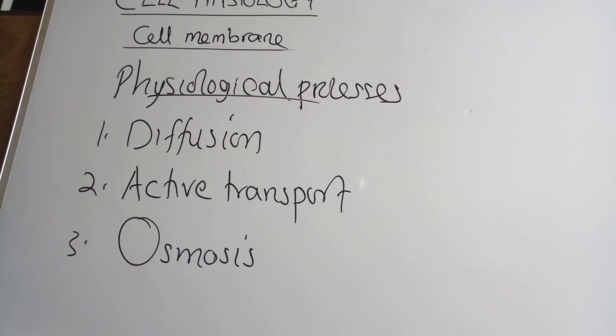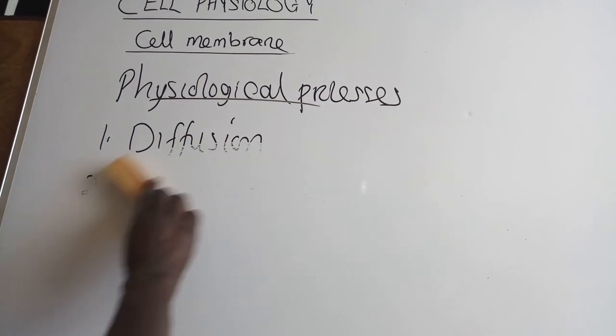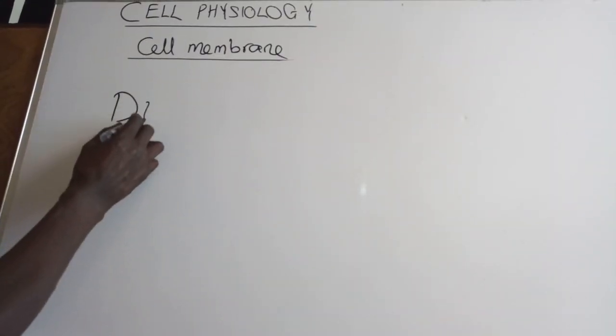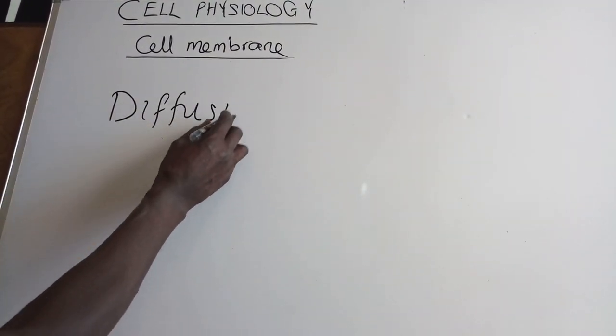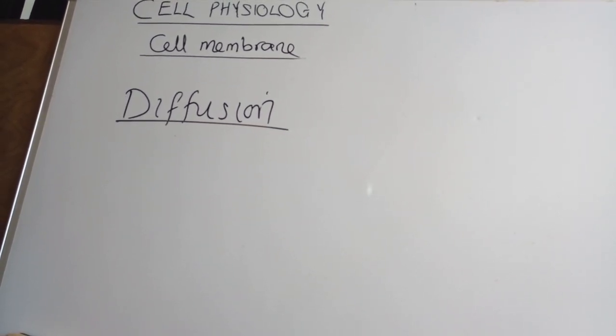Let's start off with diffusion. So diffusion is the process by which substances move from their region of high concentration to their region of low concentration.